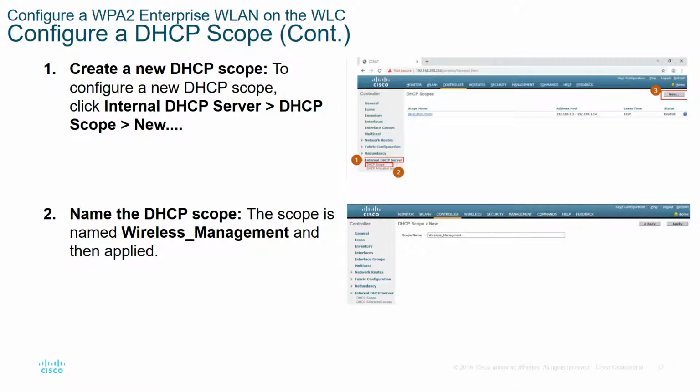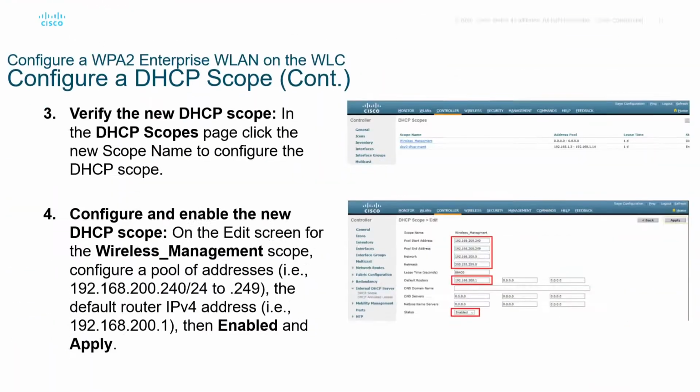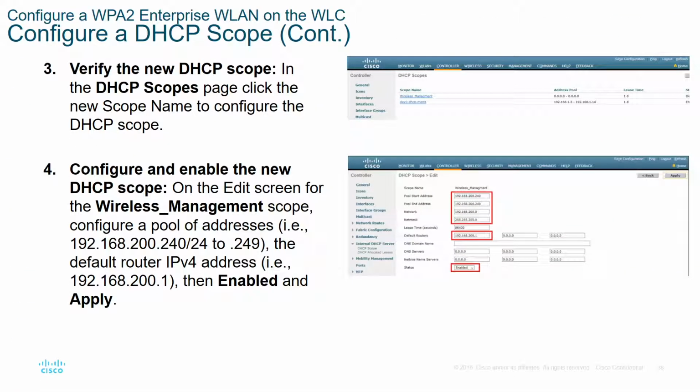To configure the new DHCP scope, click Internal DHCP Server, then DHCP Scope, and New. Name the DHCP scope. The scope is named wireless_management, and then applied. Verify the new DHCP scope. In the DHCP Scopes page, click the new DHCP scope name to configure the DHCP scope.